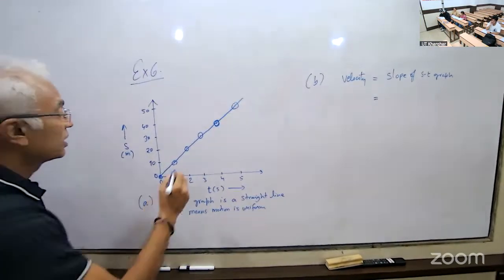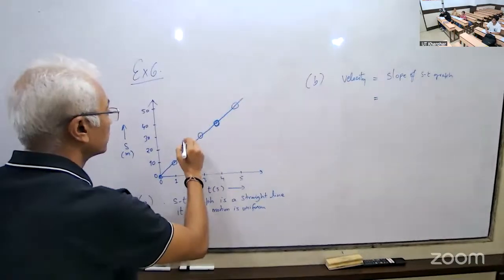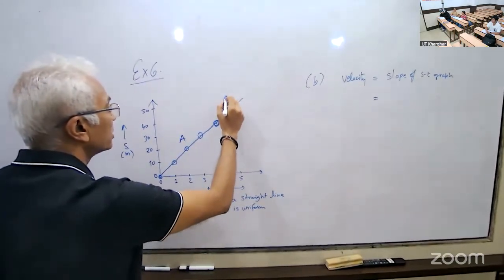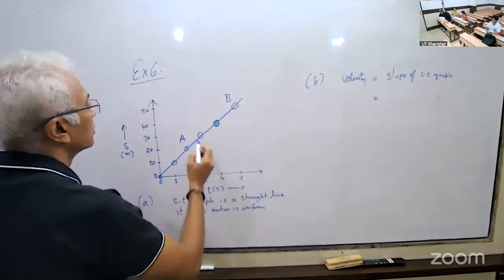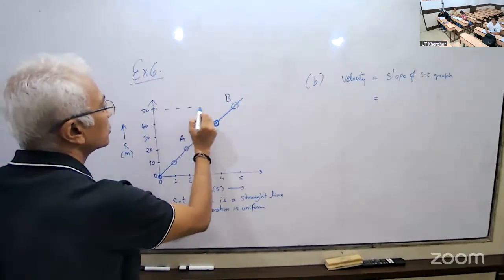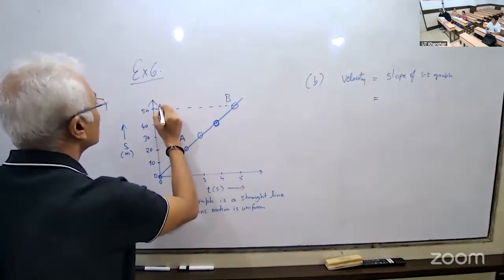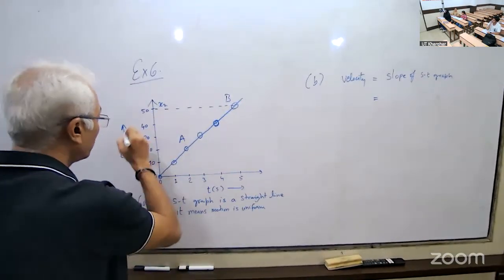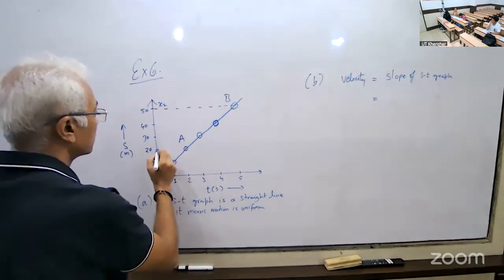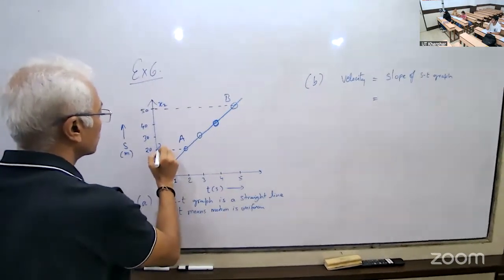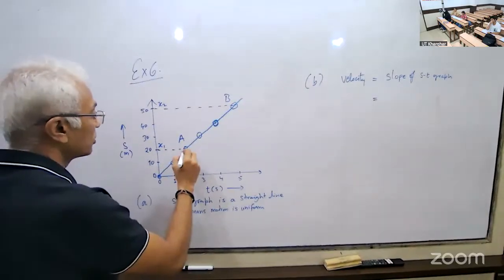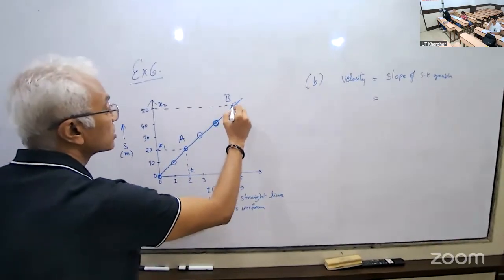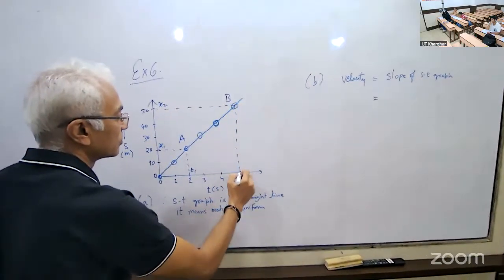Let us say I select point A and point B. So what is this point? This is my x2. The points on the graph are x2 and x1. Why is this x1? Because this is my initial time, t1, and this is my final time, t2.